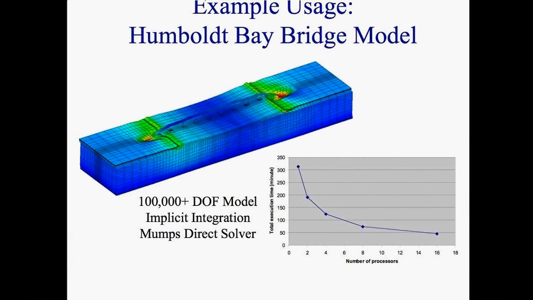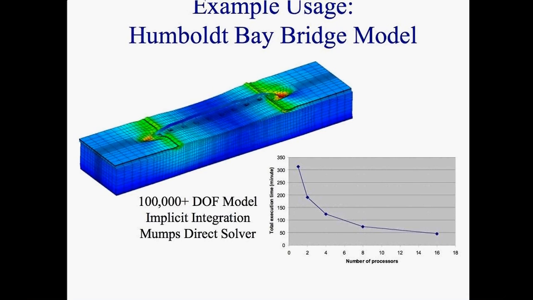So here's an example usage. This is the largest non-made-up model we have. I'll show you larger models later. This one was a model of a building done within PEER for studying the Humboldt Bay Bridge, using continuum models. It's a small model, only 100,000 degrees of freedom.